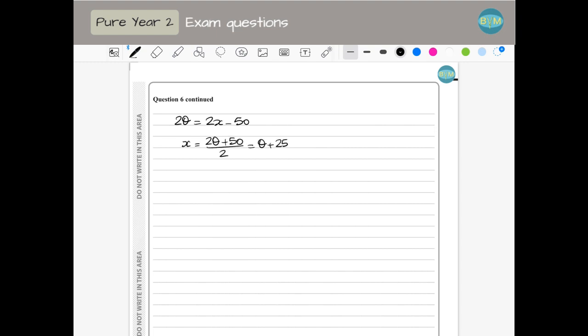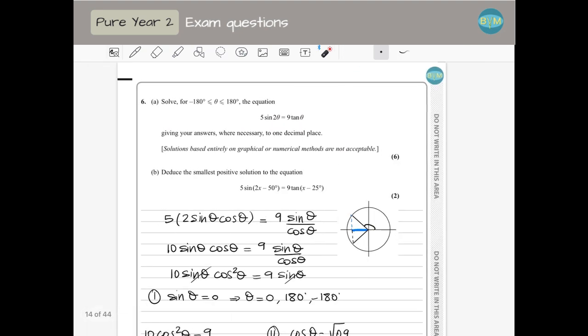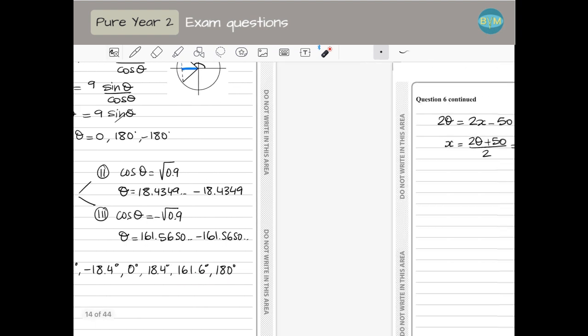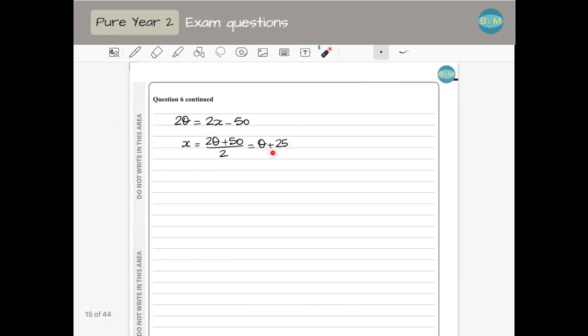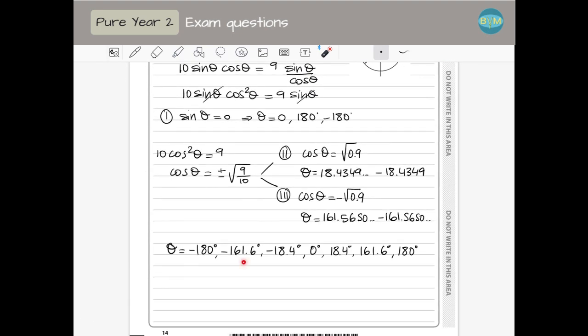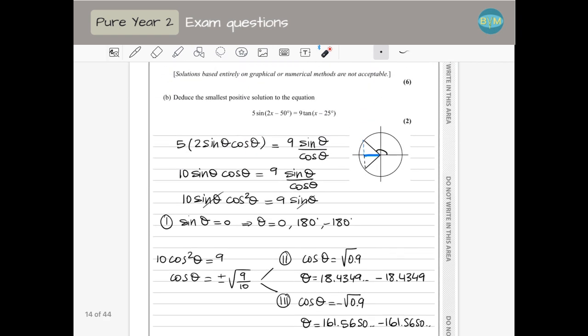Which means that x is 2 theta plus 50 divided by 2, or theta plus 25. We have the solutions for theta, yeah? My solutions for x are going to be the same, but just adding 25. So I have to add 25 to all of these to have my solutions for x, but they are asking me only the smallest positive solution.